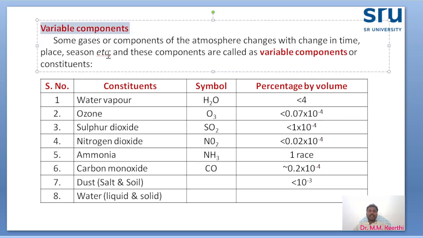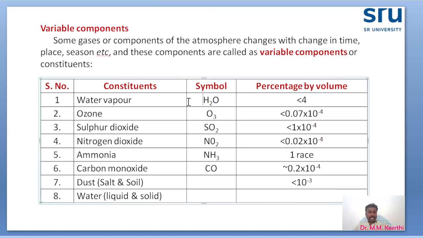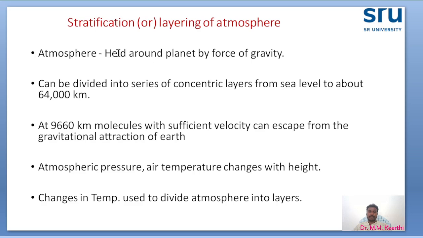Variable components vary from place to place, time to time, season to season: water vapor, ozone, sulfur dioxide, nitrogen dioxide, ammonia, carbon monoxide, salt, soil, and water in liquid or solid form. That's why they are called variable components.